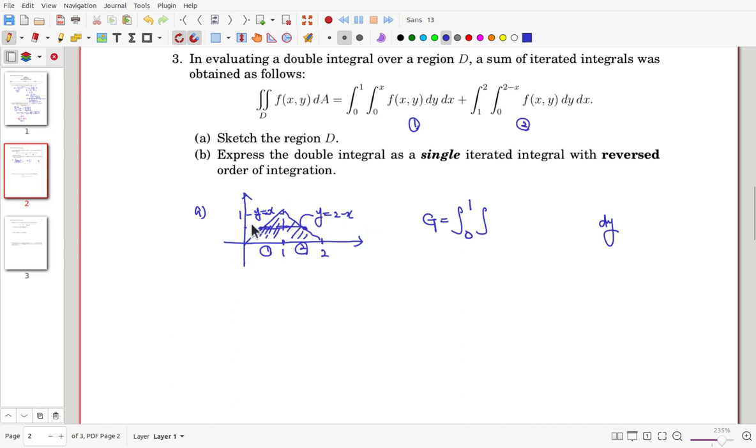Bottom x is y, top x is 2 minus y, right? For each y moving from 0 to 1, this region can be covered along with this one. Bottom x is y, top x is 2 minus y, right? Okay, so now f is given, and dx. That's the answer for part B.